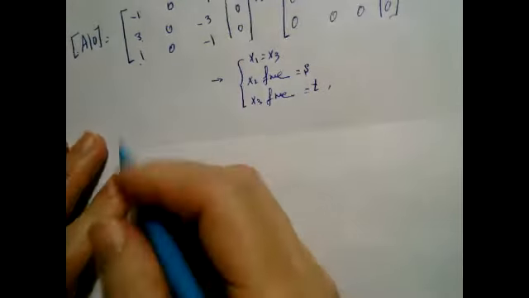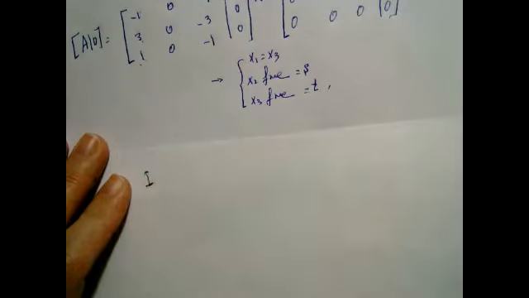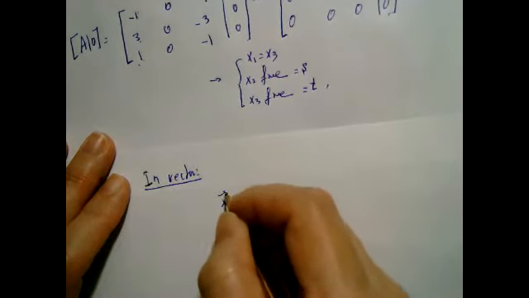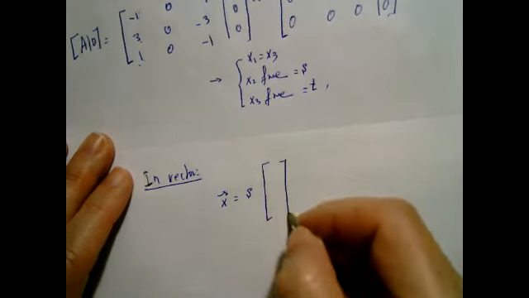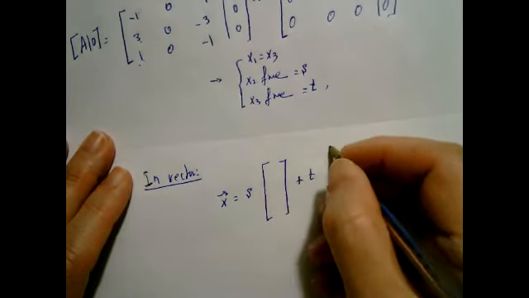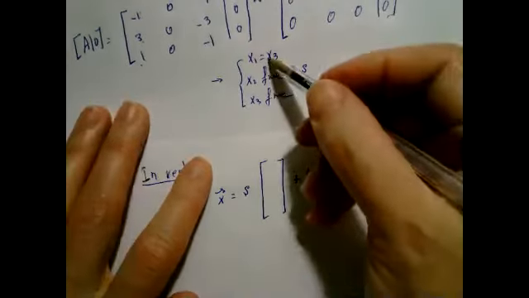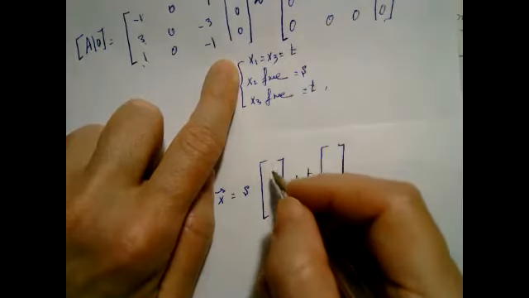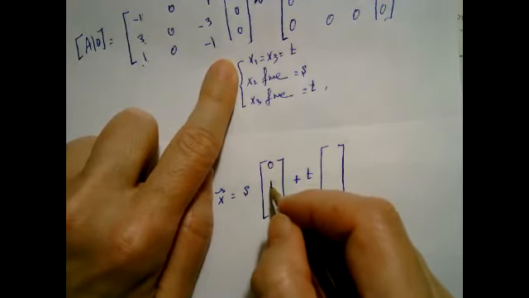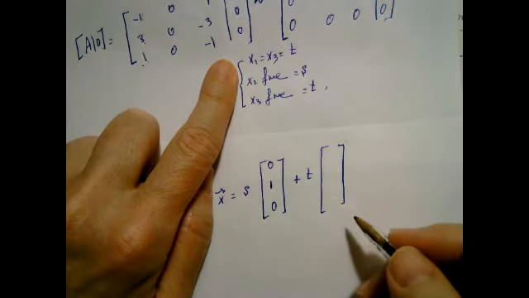So in vector form, we get x equal S times, because I have two free variables, plus T times. The first one, because this is x3, so this is a T. So it's going to give me a 0, a 1, and a 0.